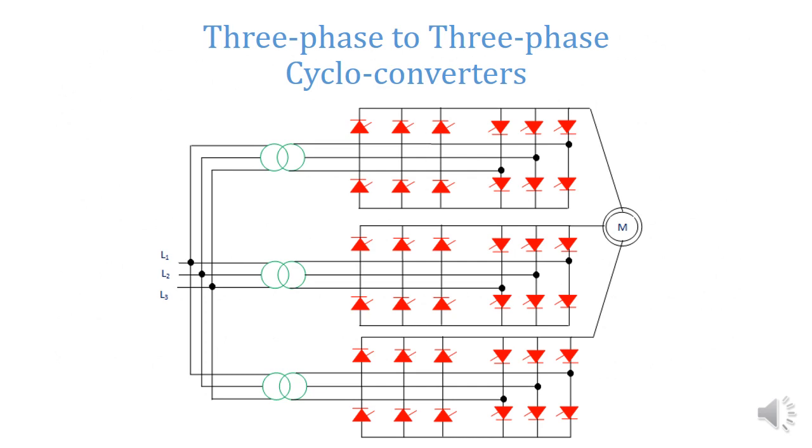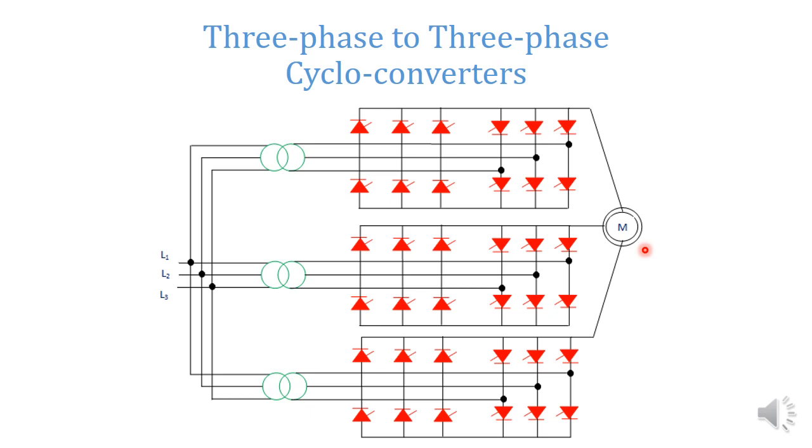This is the 3-phase to 3-phase cycloconverter, which is formed by cascading 3-phase to single phase cycloconverters. The operation of the 3-phase to single phase cycloconverter is already explained, so there is nothing more to discuss regarding operation. But here we can see this 3-phase to 3-phase converter is feeding a 3-phase motor. This motor may be a 3-phase induction motor or a 3-phase synchronous motor.